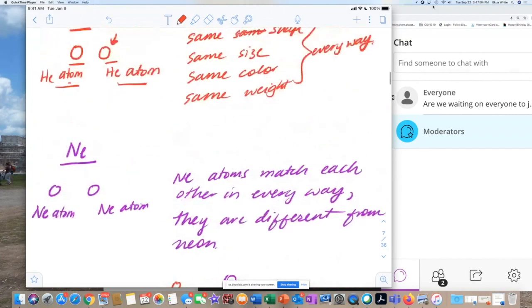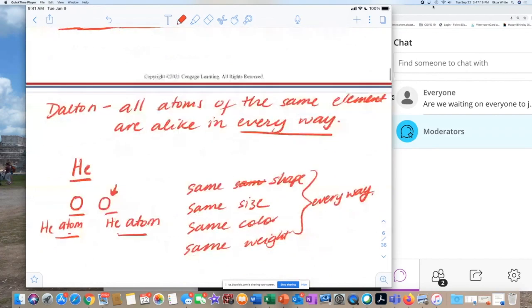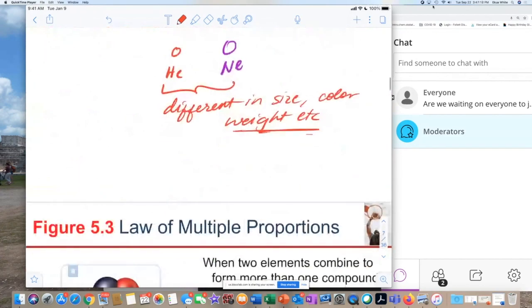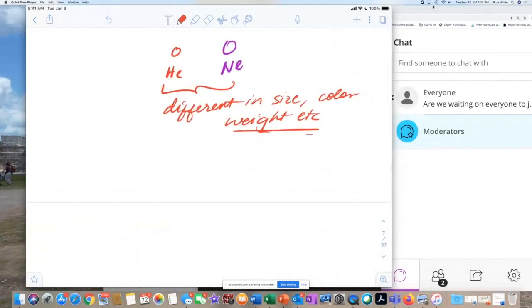Finally, number five, atoms of one element combine with atoms of other elements to form chemical compounds. In my other chemistry book, they mention atoms of one element combine in whole. They don't combine in fractions. When they're combining, atoms don't break apart. Remember, he said they were indivisible? They can't combine in halves because it's impossible to cut them in halves.